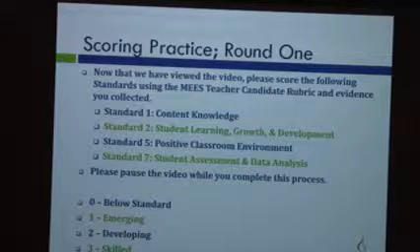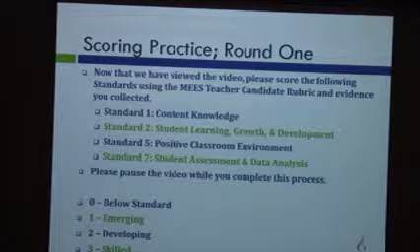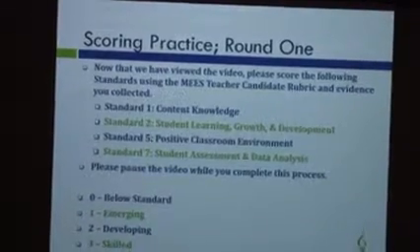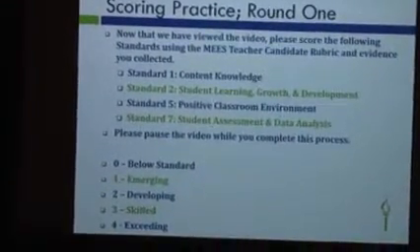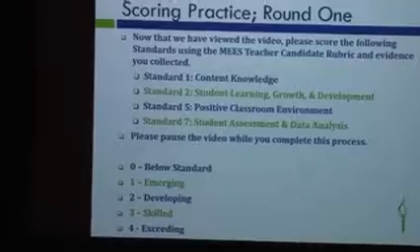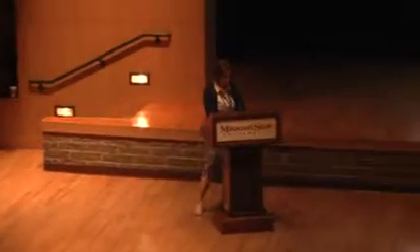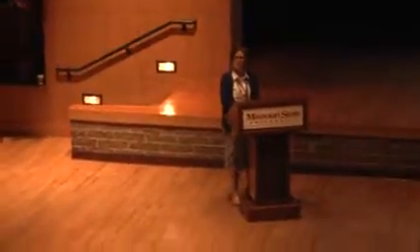Okay. Sorry. So take a minute or so and think about, again, we're just focusing on Standard 1 and Standard 5. So content knowledge, what would you rate this person? And then Standard 5, positive classroom environment, what kind of a score do you believe this person would earn?